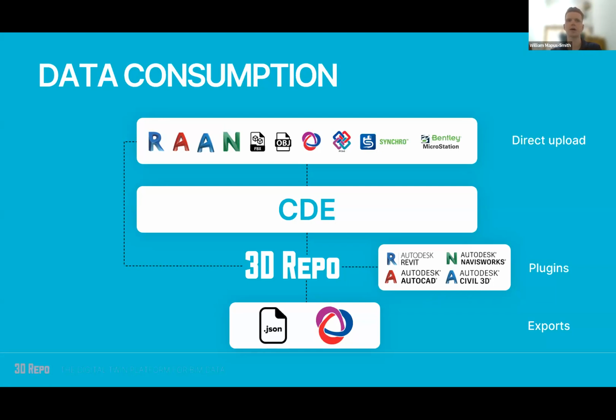So you can have one of your designers working purely within that Revit environment, and they can have a near enough live conversation on an issue or a safety risk with the project team working within the 3D Repo platform. And then in terms of data exports, you can pull data from the platform in a JSON file or as a BCF.